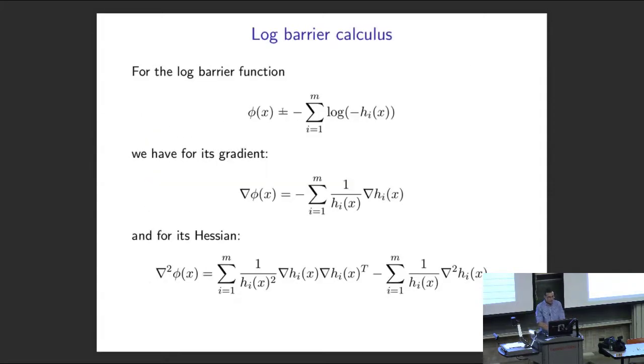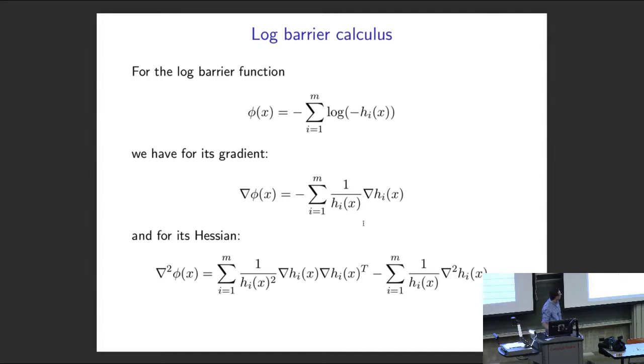Okay, so the gradient, right? I can just think about taking the gradient of each of these terms, and the gradient of log of x is 1 over x, so I'm just using the chain rule. It's 1 over hi of x times the gradient of what's in the middle, which is negative hi of x, negative grad hi of x. And for the Hessian, I just have to take the derivative of this, and I'm just using the product rule actually here.